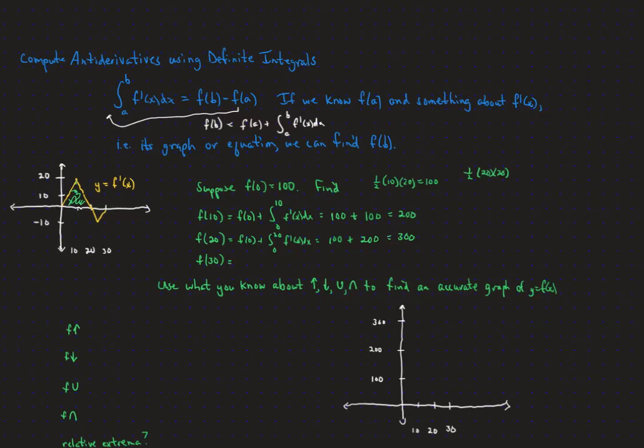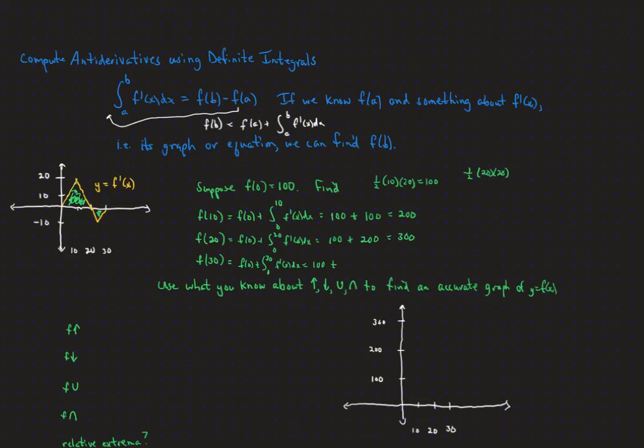And likewise, f of 30 is going to be f of 0 plus the integral from 0 to 30 of f prime of x. And that's going to be 100. There's our f of 0. And now the integral from 0 to 30 is going to be the triangle that we just got, that much is 200. And then we're also going to include this, but now that's below the x-axis, so that's going to count as a negative.